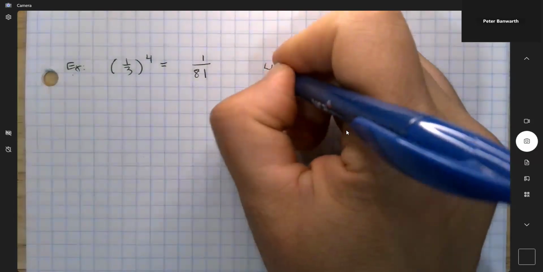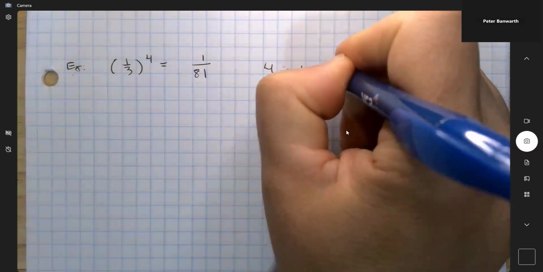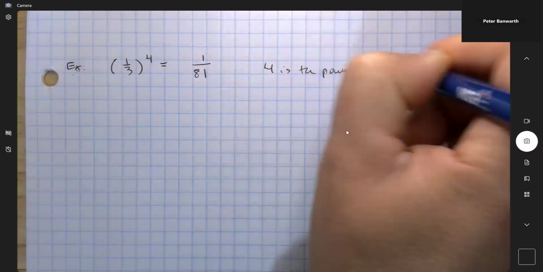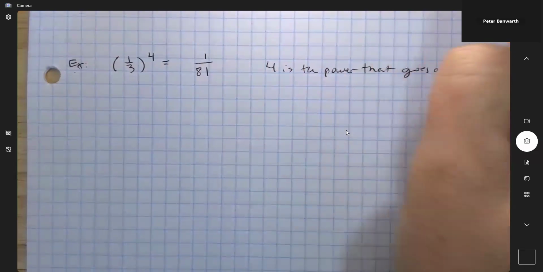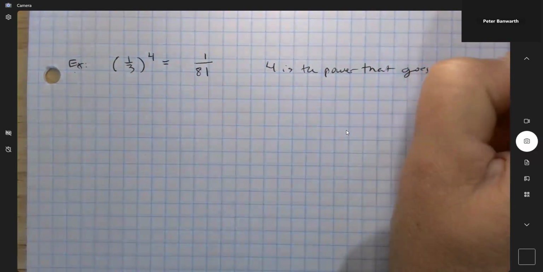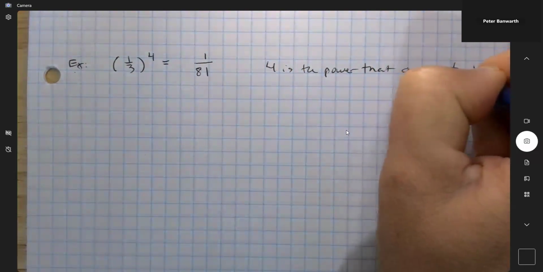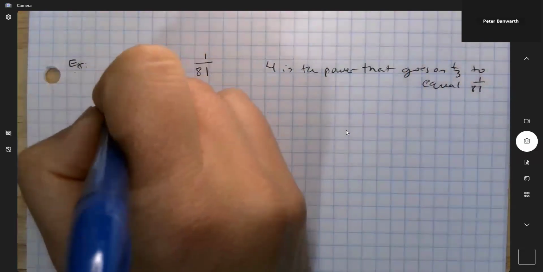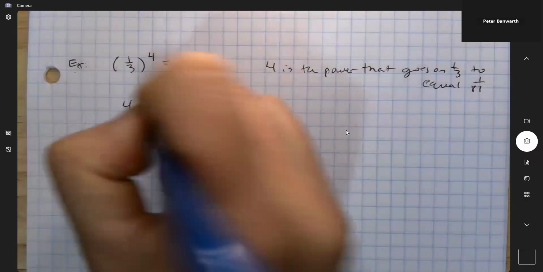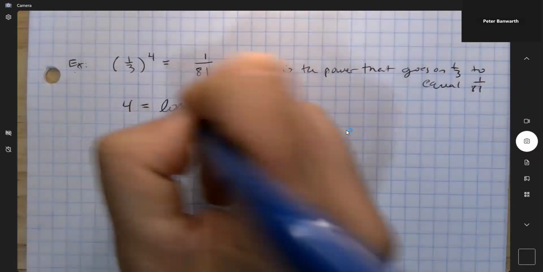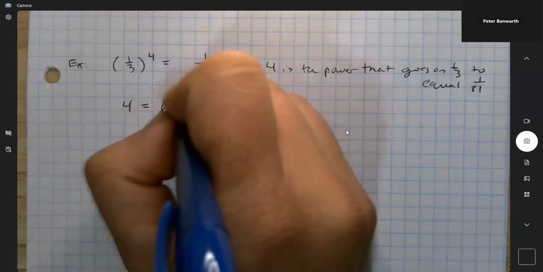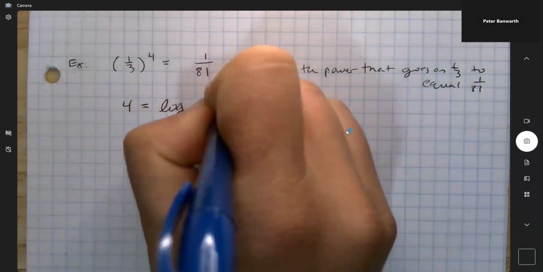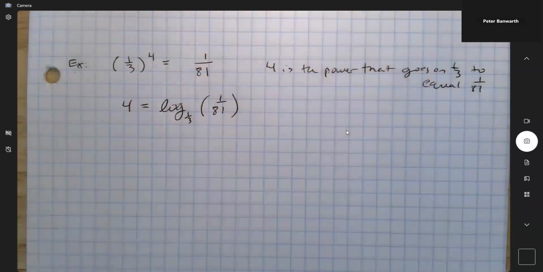So that means that 4 is the power that goes on 1/3 to equal 1/81. And so I can build that as a logarithm. 4 is the power I write with log. It goes on 1/3 and it gives me 1/81. We can build logarithms with fractions. There's nothing wrong with that.